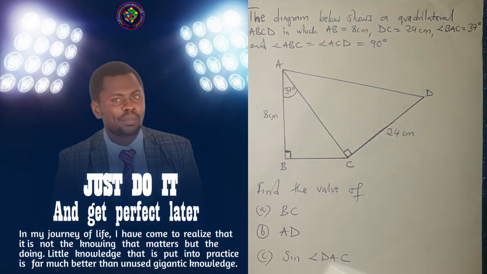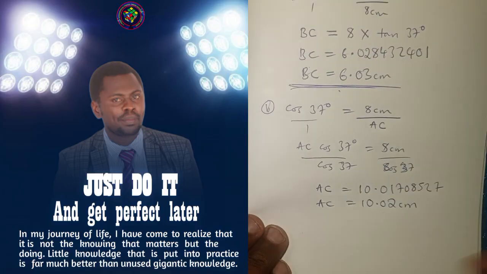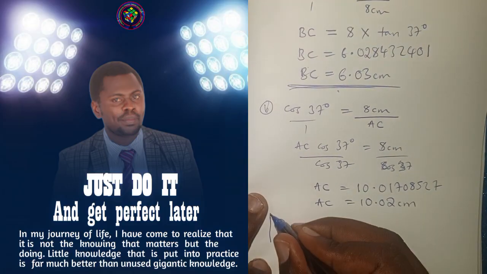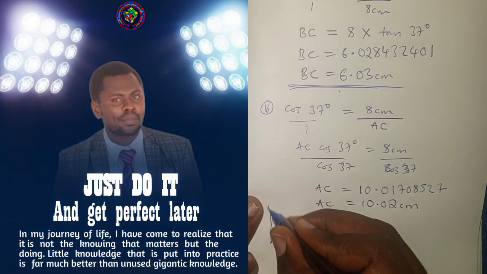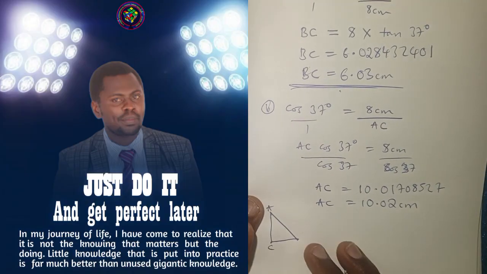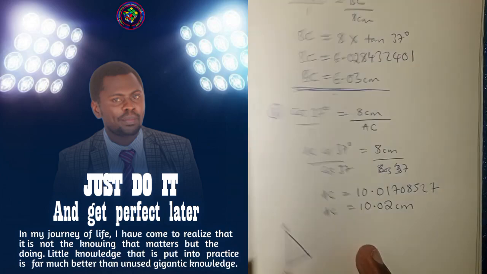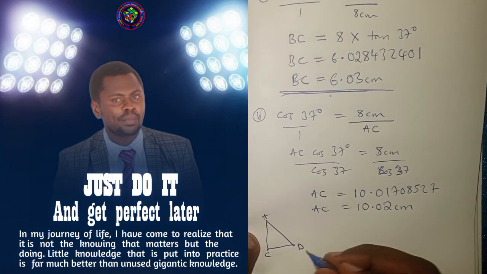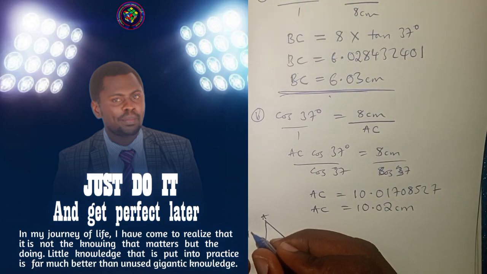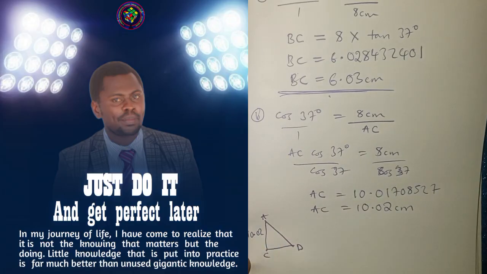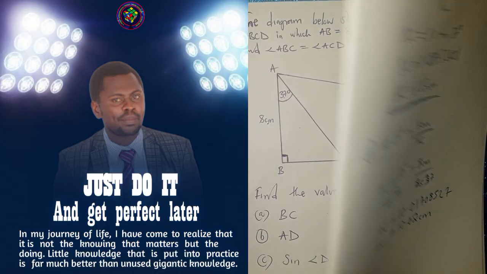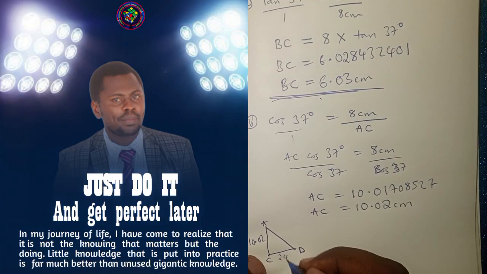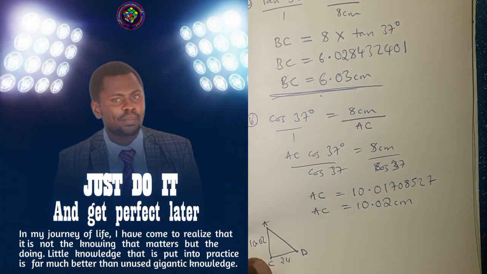Okay, so this is the right angle triangle ACD. So AC, we have 10.02. CD we have 24, and we are looking for AD.